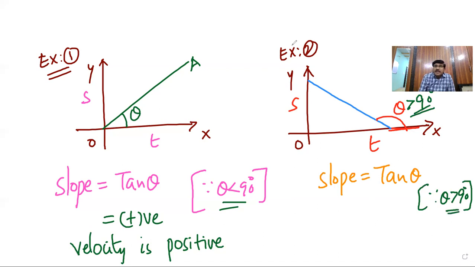When theta is greater than 90 degrees, slope is negative. Slope is nothing but velocity, so when slope is negative, velocity is also negative.